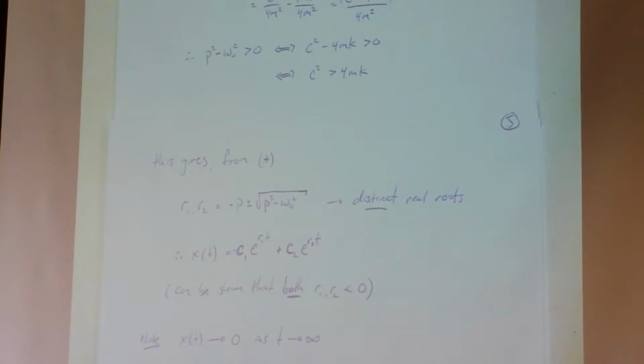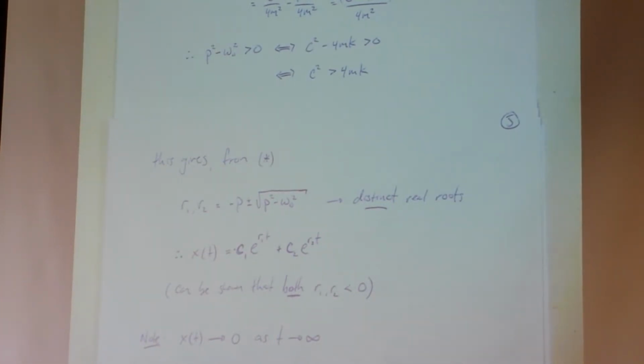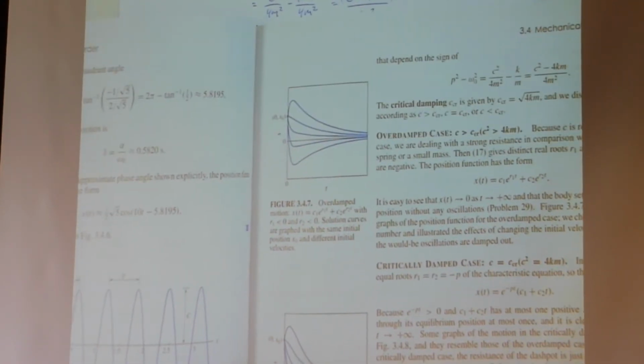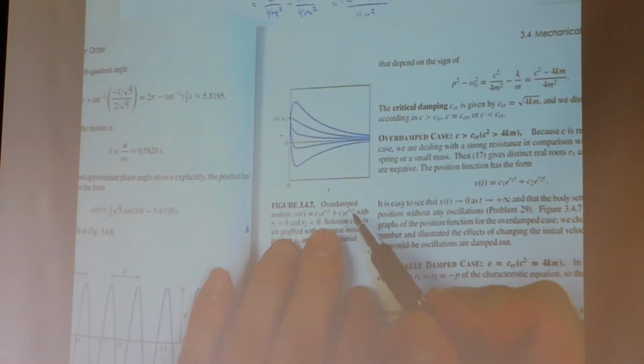Take a look at your books if you have one. I'll flip it open too. Page 191. Figure 3.4.7 right here. So this one right here is the overdamped system.